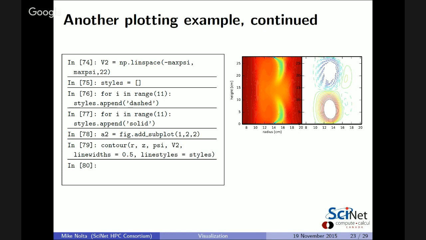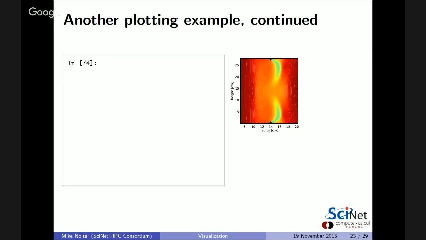Okay, so you see all these contours here are solid, and then the rest dashed. Okay, does that make sense? Now you notice that there's no space between the two panels, and you've also got the Y labels for the second panel overlapping the first plot.